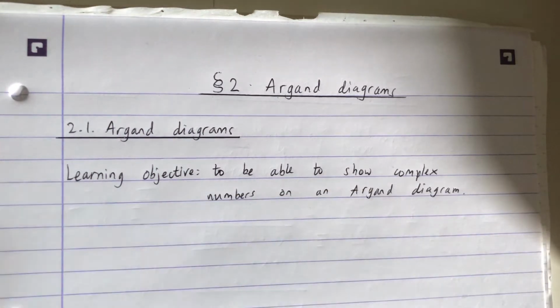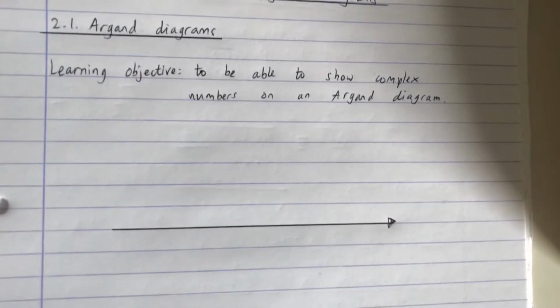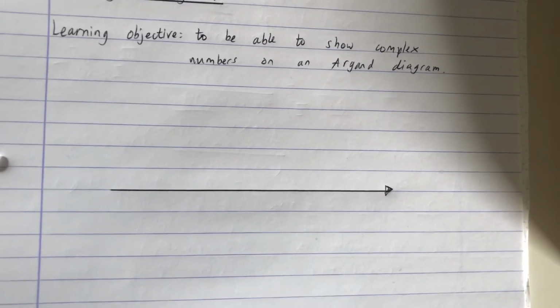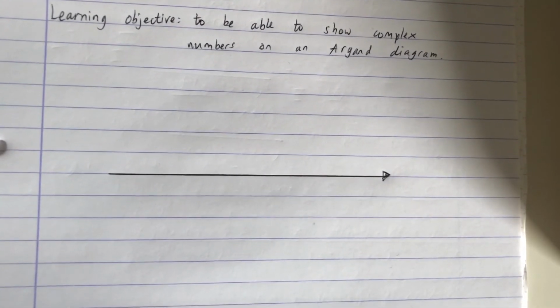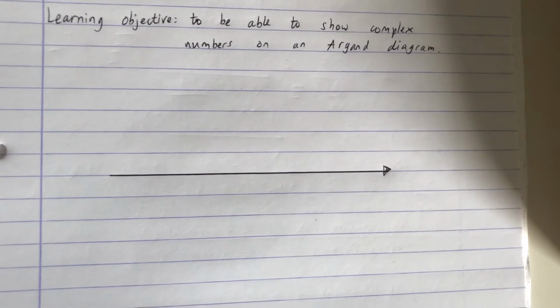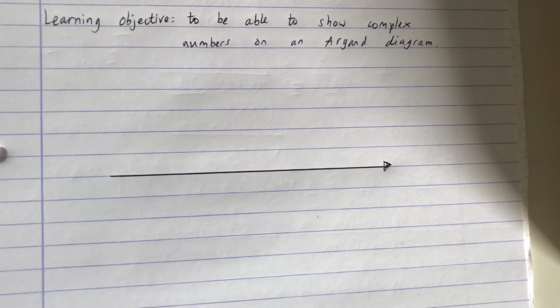Now, firstly, before we think about displaying complex numbers, let me remind you about the real numbers. When you were first taught about numbers back in primary school or even before that, you would have been taught about a number line and placing numbers on it, starting off with just whole numbers.